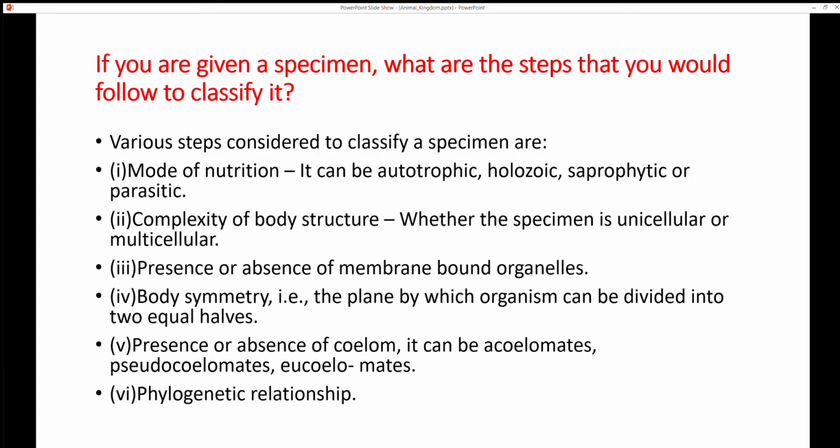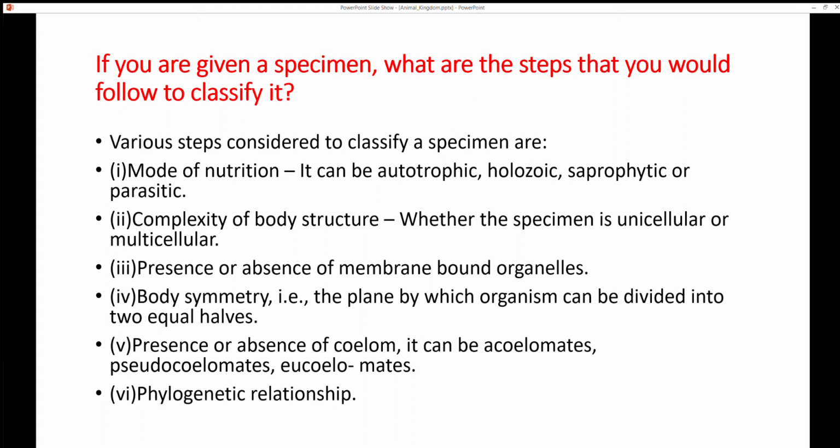So the next, I'm moving to the next question. If you are given a specimen, which is in bottles as you have learned, what is a specimen in biological classification, what are the steps that you would follow to classify it? Various steps considered to classify a specimen are mode of nutrition.